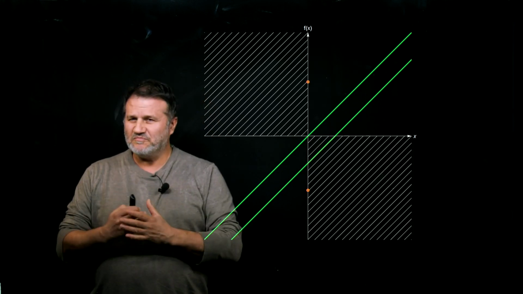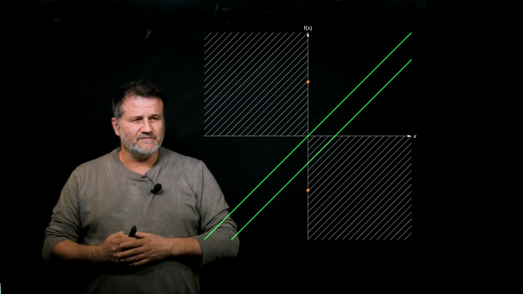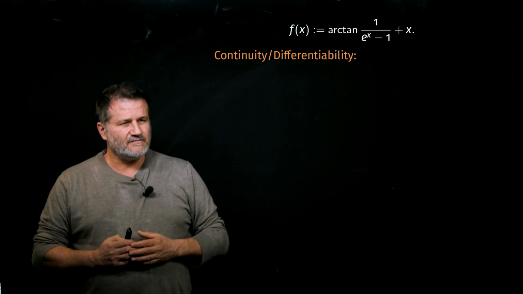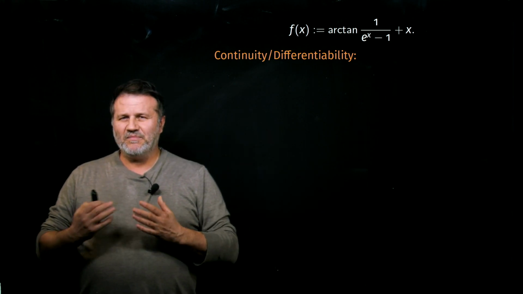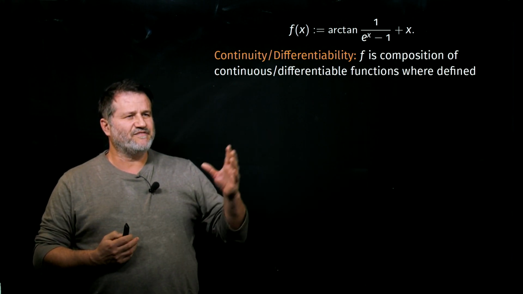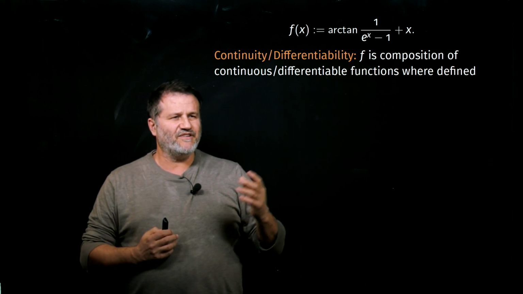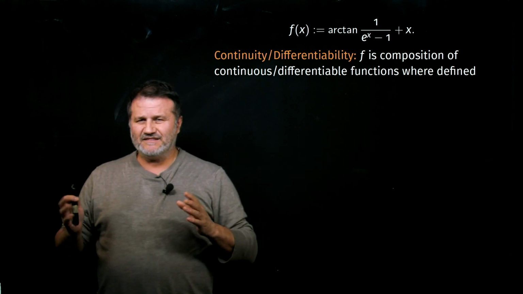Now we may say that the preliminaries are over. Let's move to the derivative. So first of all, we have to discuss continuity. Well, here, for continuity and differentiability, we can apply a similar discussion. The function f is a composition of nice elementary functions, which are both continuous and differentiable where they are defined.